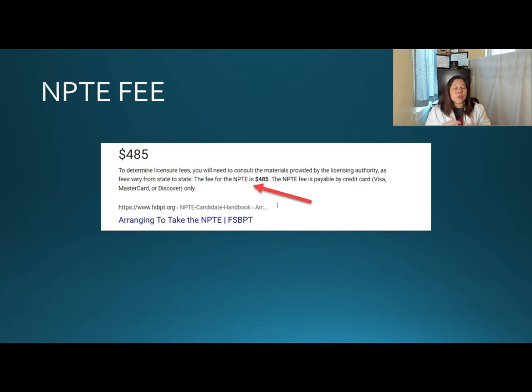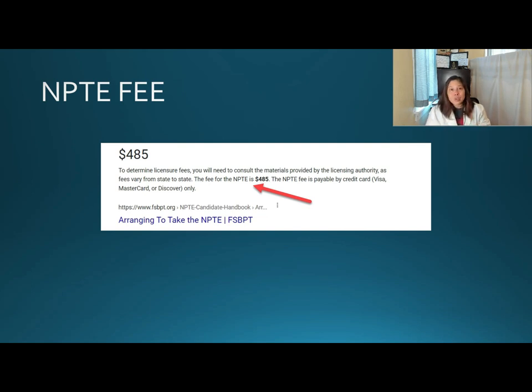It means that you are good to go to take the examination. You have to pay the FSBPT on their website, saying, "Hey, I'm going to take the exam." Right now, it's $485 to take the examination.